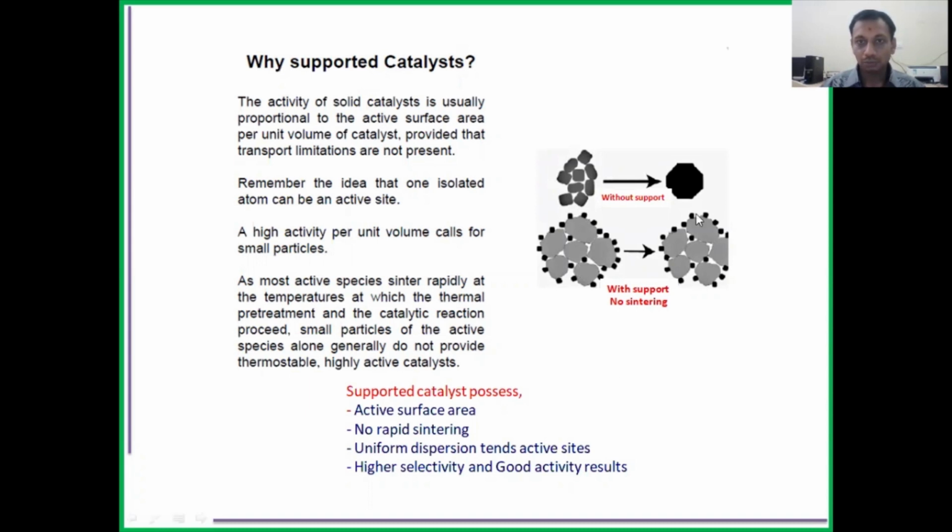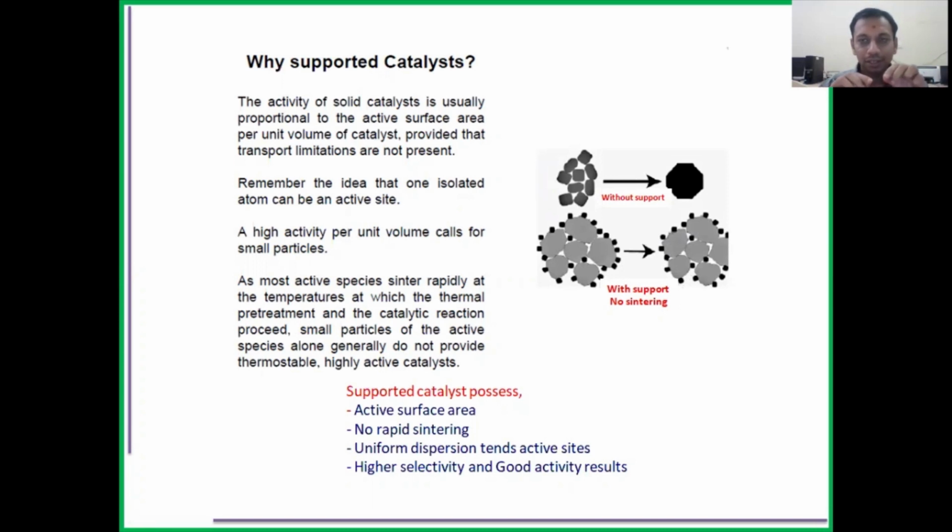Without support, you can see here all particles agglomerated. If all particles agglomerate, then there will be no activity of the catalyst. With the support, we have a higher surface area, and these black particles of metal can easily be dispersed on the support and we can get very good active sites for the reaction.